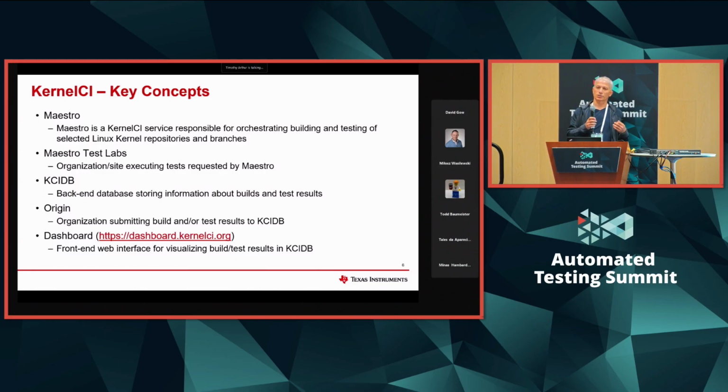KCIDB is where test results and build information is sent to. Then there is the origin concept, which is any company or organization that submits their information to KCIDB. If anyone starts using KCIDB REST APIs to submit that information, then they become origins. And dashboards is the web interface to access it.